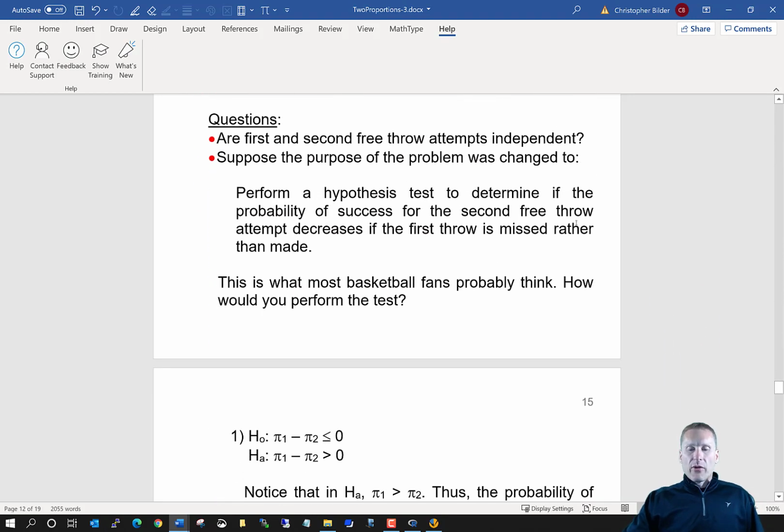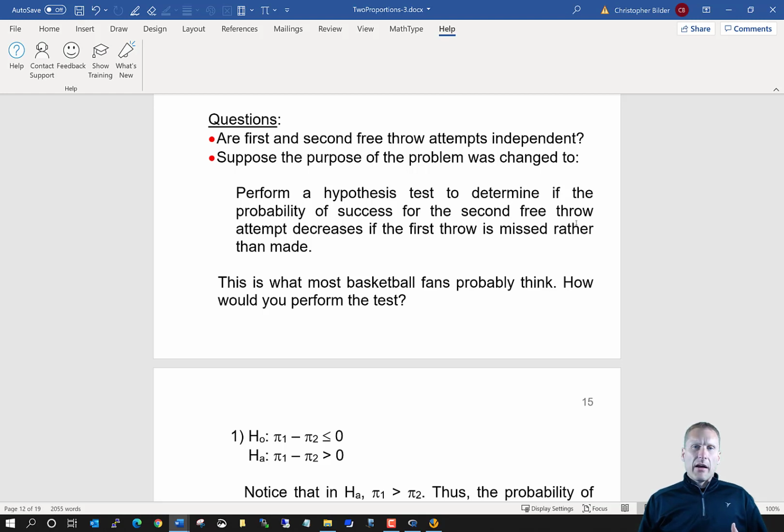So questions, are the first and second free throw attempts independent? Well, we don't know. There's not sufficient evidence to indicate that there's dependence. We at least can say that. Well, let's say, though, that this hypothesis testing problem was changed.